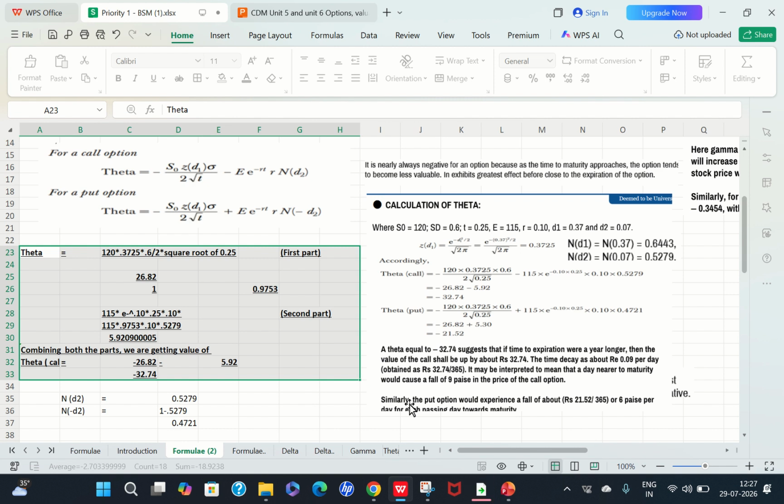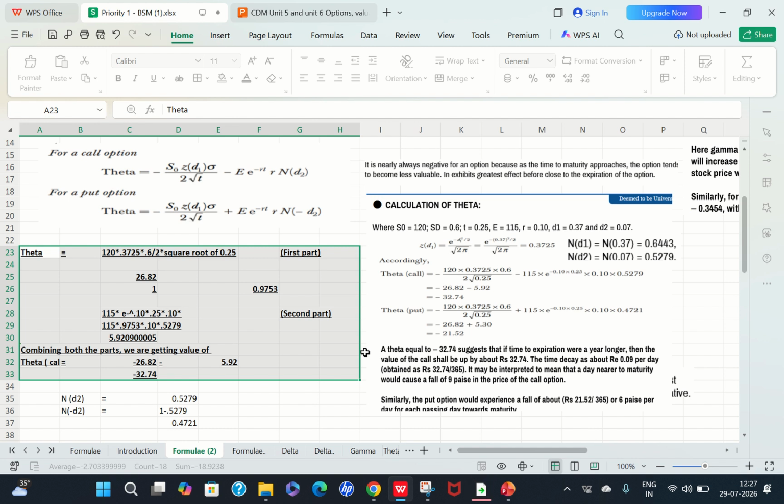Why are we doing 365? For 365 days it is 32.74. Then for one day, how much is it? 32.74 divided by 365 lands at 0.089, which is about 0.09 per day. That will be my time decay.